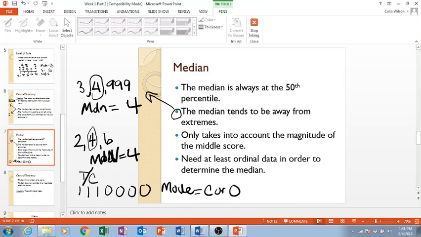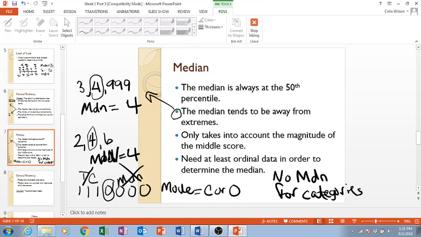But I cannot line these up from smallest to biggest and say that this is the median, right? So that's a no. We have to have at least ordinal data to determine the median. We cannot, so I'll say no median for categories.